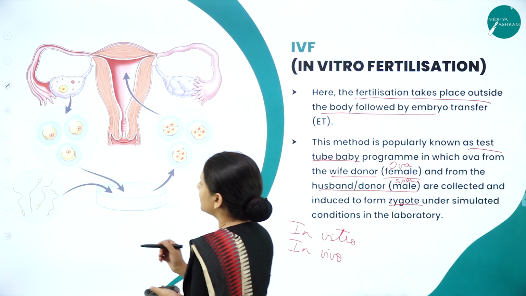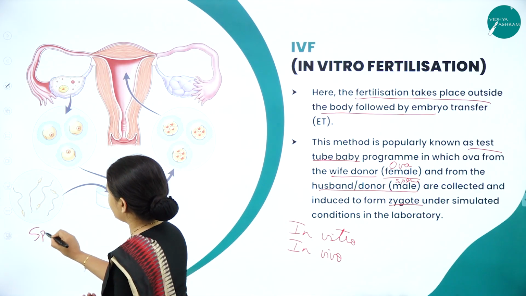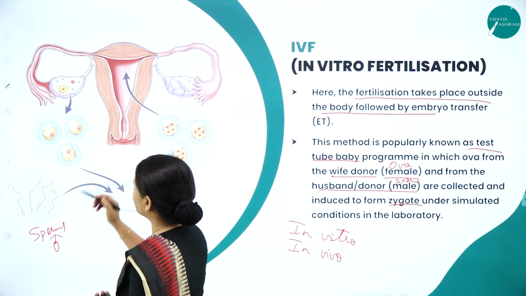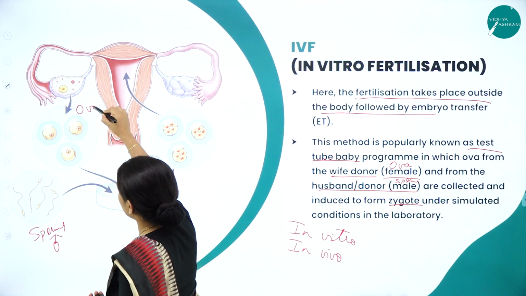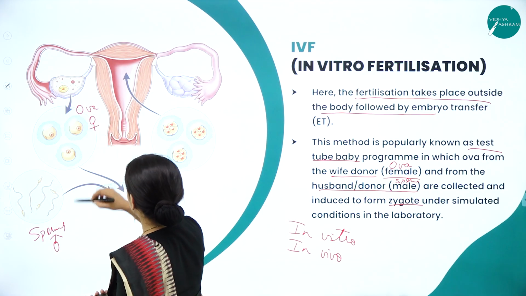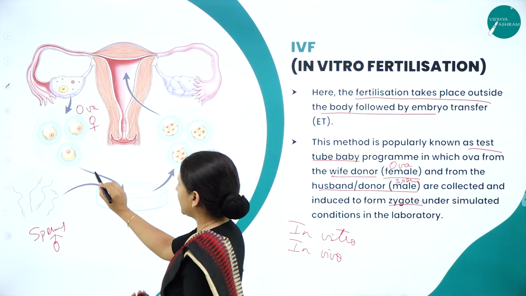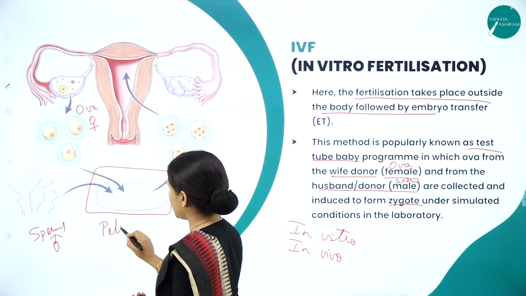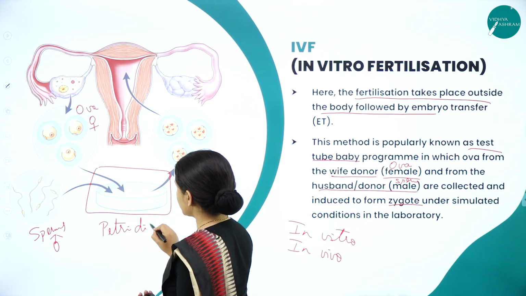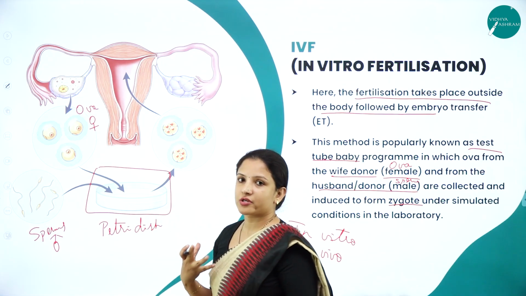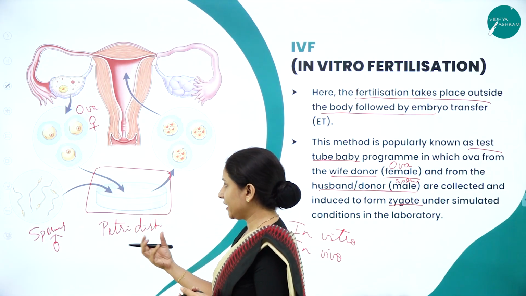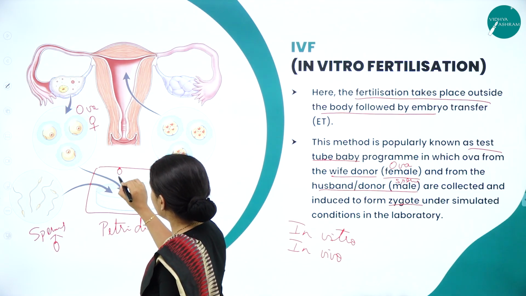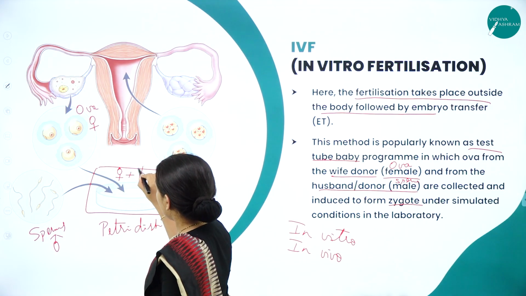They collect the sperms from the donor male and the ova, or the egg, from the donor female. They are brought into the laboratory. In the laboratory, they take a petri plate or petri dish with suitable nutrient media, whatever is required, and under simulated conditions, they fuse the sperm with the egg.